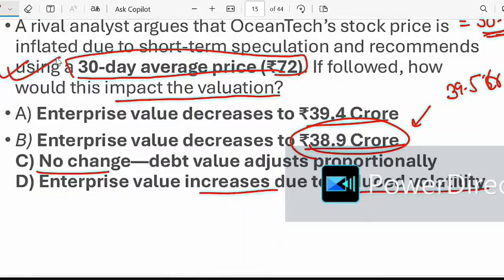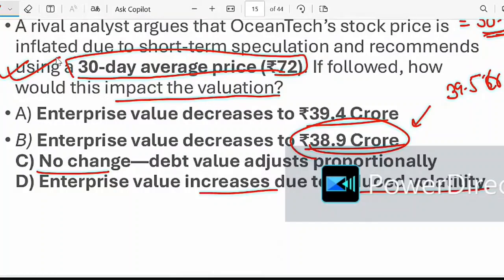Suppose you are buying a house. The last buyer might have overpaid. So you look at the 30-day average price to avoid being fooled by temporary hype. That is the advantage and power of average price in valuation.